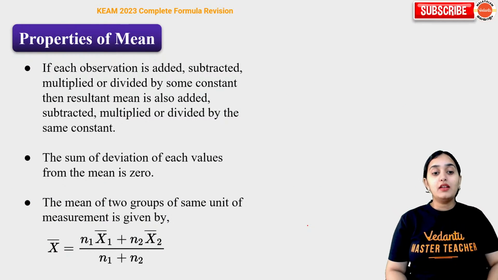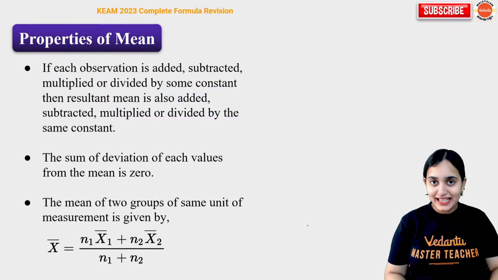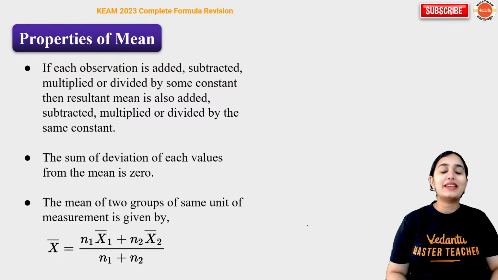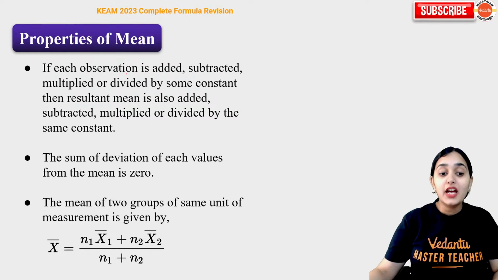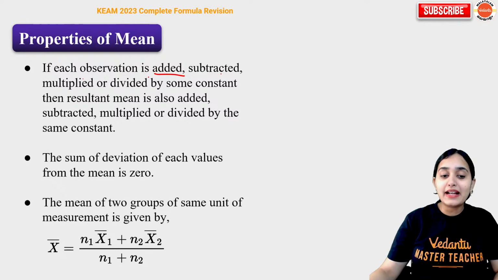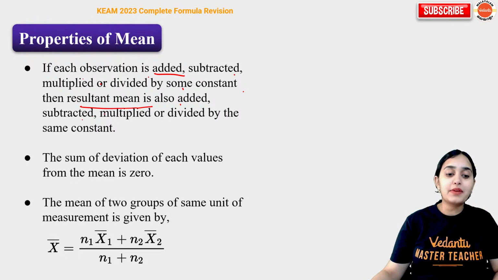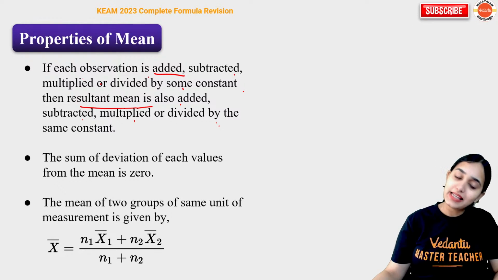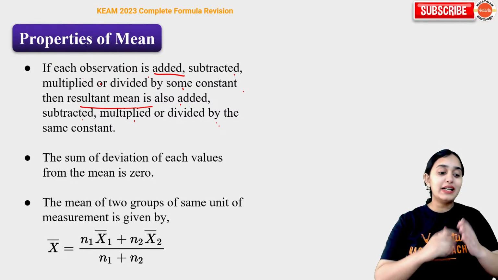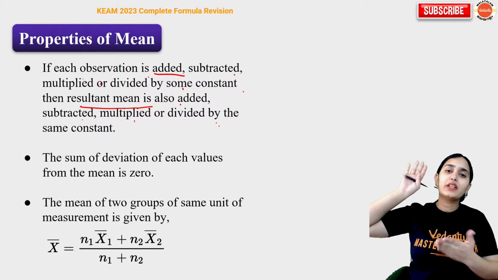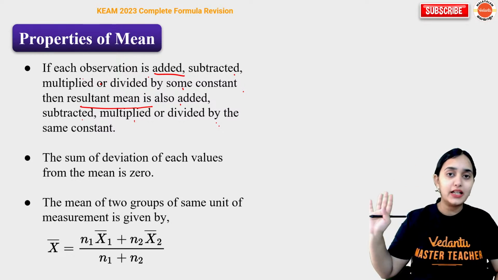Next, properties of mean. Again, important questions may be asked from here. If each observation is added to, subtracted from, multiplied or divided by some constant, then the resulting mean is also added to, subtracted from, multiplied or divided by the same constant. If you multiply all the numbers by 2, just multiply the mean also by 2.